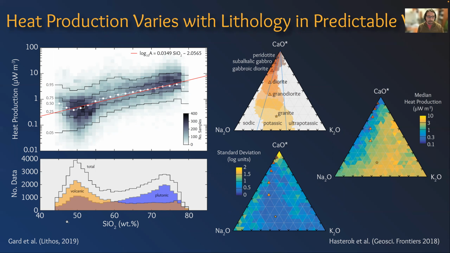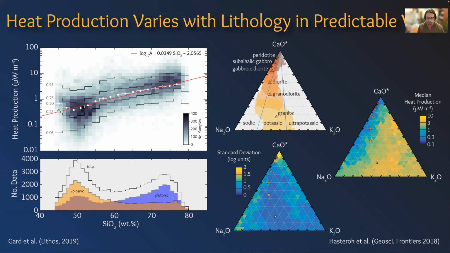So here's looking at heat production as a function of SiO2 content. Here we're going from 40 to 80 weight percent SiO2. Down here around 50 is where you're going to have your basalts, and up here around 68 to 75 or so is where you have your granites. And you'll see that heat production actually has a log linear relationship with SiO2.